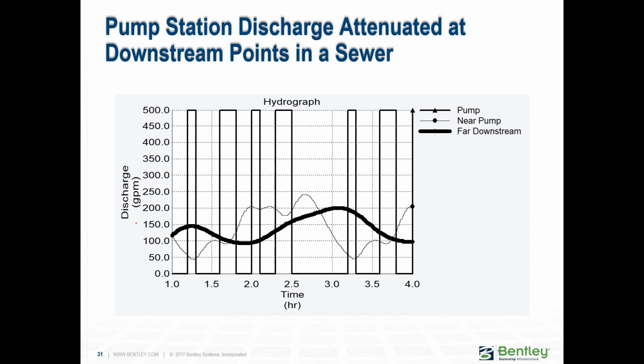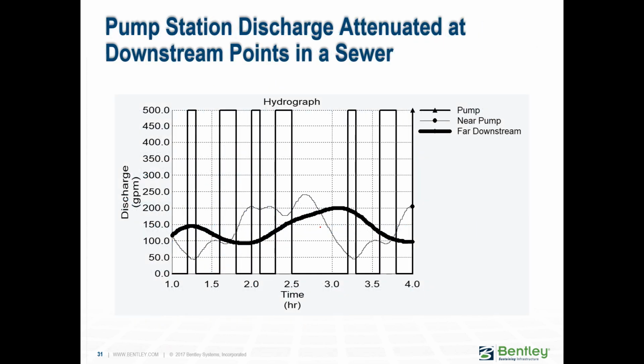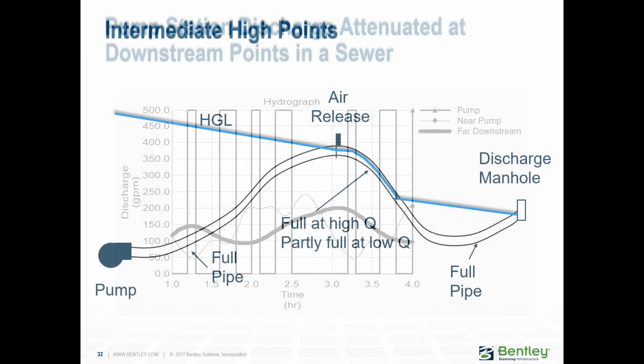But if you start moving downstream in the gravity system, you're going to see that there is attenuation. So you no longer see all these very strong peaks. It just kind of mellows into something like that. So that is the assumption as to why you might want to do conserved pump flows, because really further down the stream, you're not going to be seeing these pumped flows, but rather the attenuated flow. Okay?